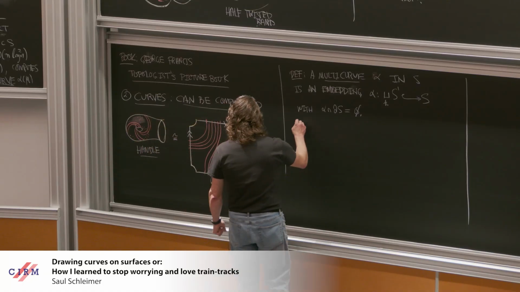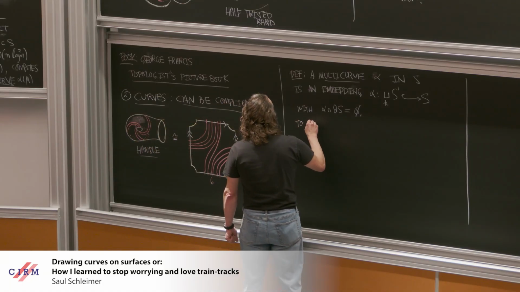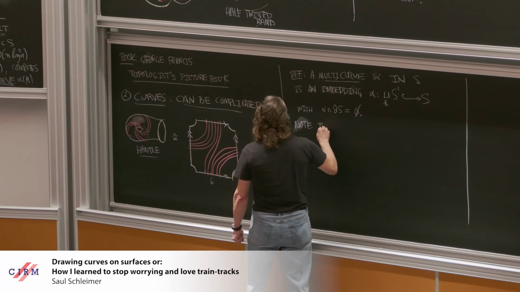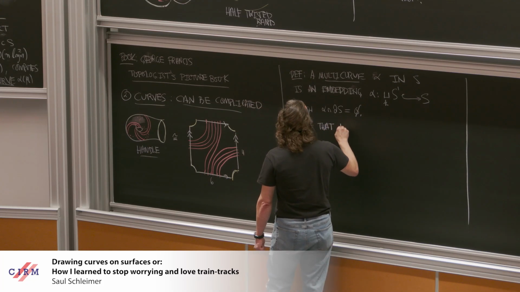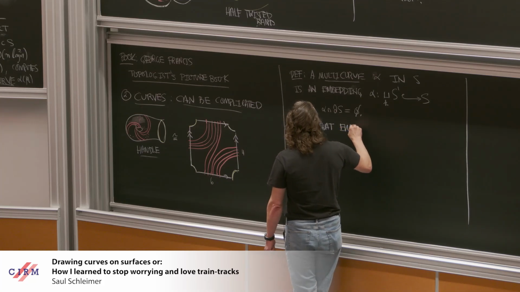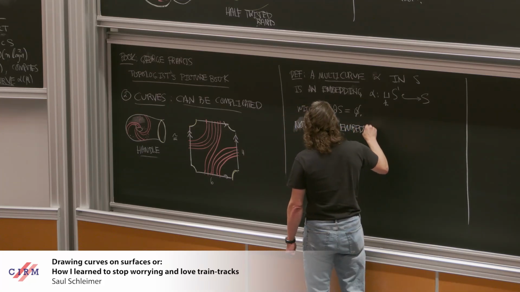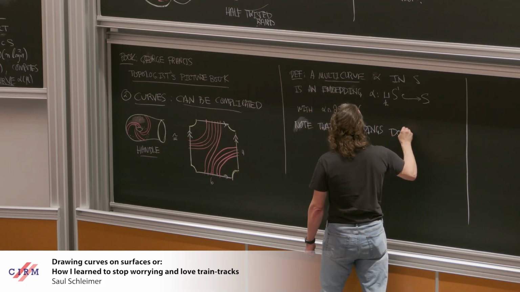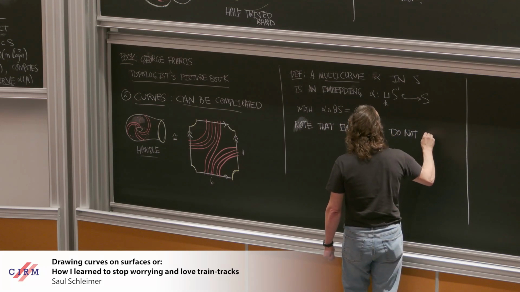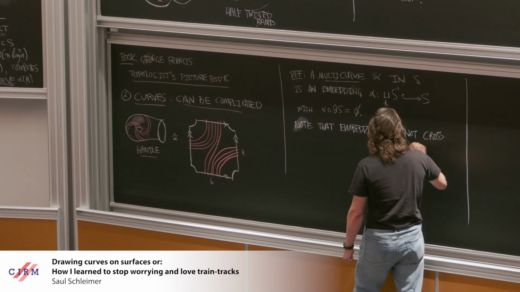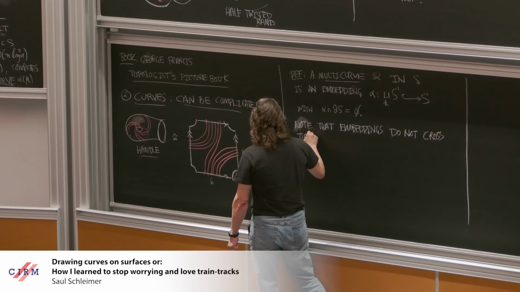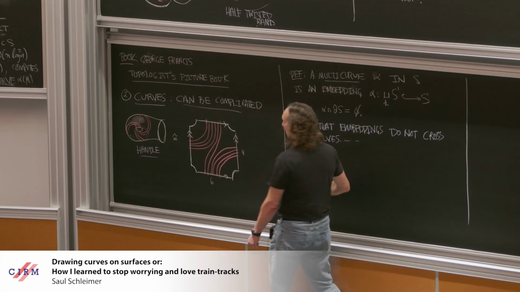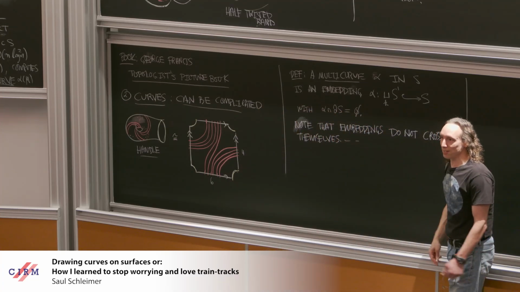Let's take this example to note that embeddings do not cross themselves. So that's a tautology, right? What it means to be embedded is that it doesn't cross itself.